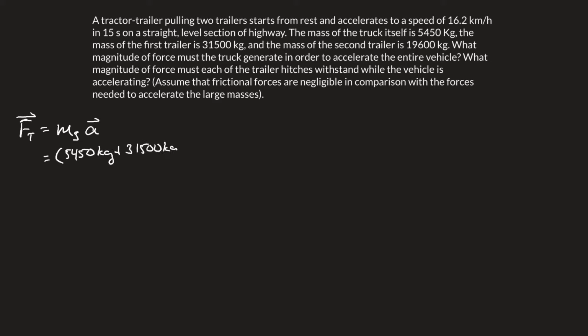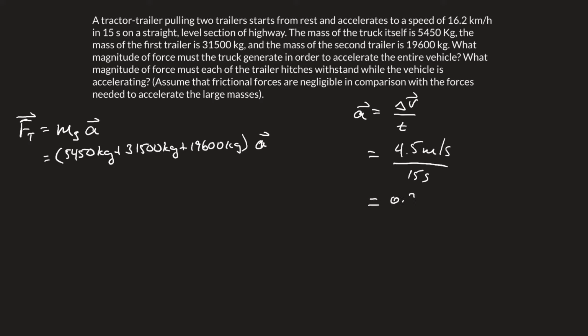And we also know the acceleration that this truck is undergoing. We can solve that. I'm going to do that off to the side here. We know that the acceleration is just a change in velocity over time. So that is 4.5 meters per second, since that's our V2 and there is no V1. And the change in time here is 15 seconds. That gives us an acceleration of 0.3 meters per second squared in the forward direction.